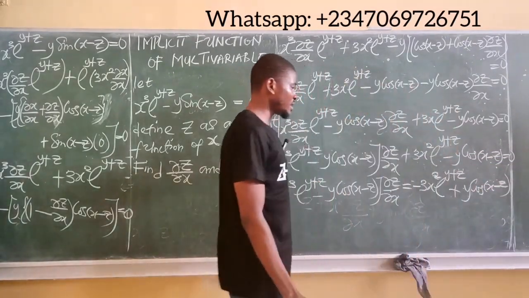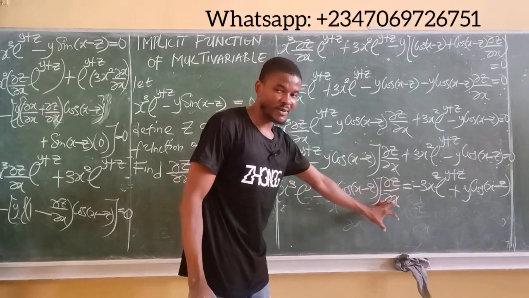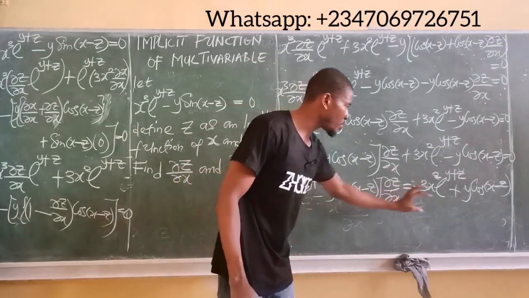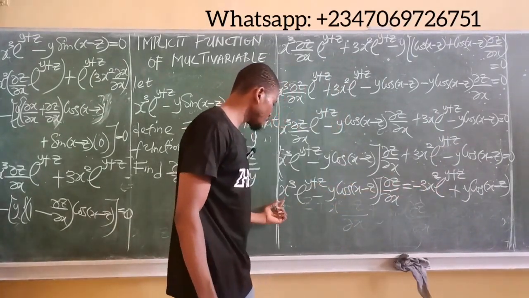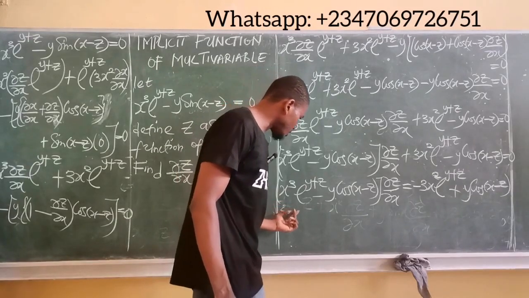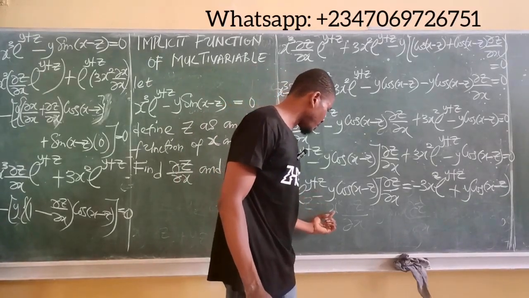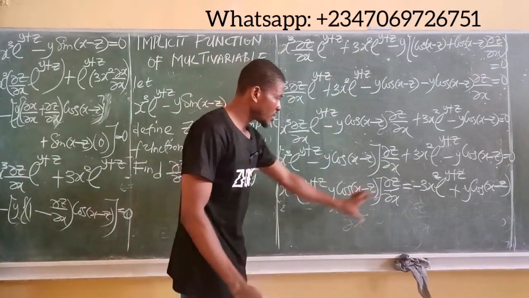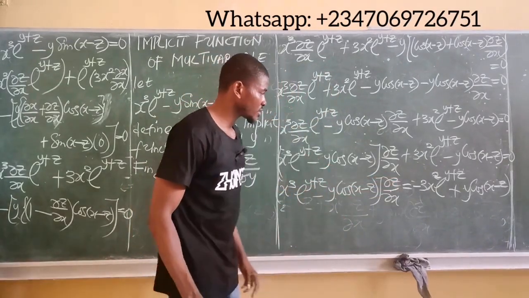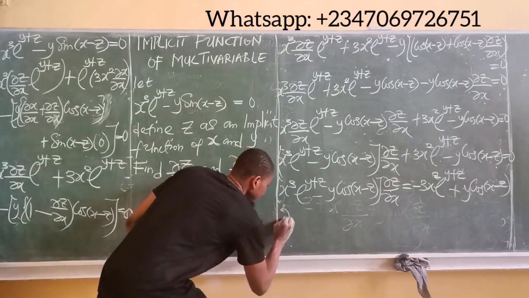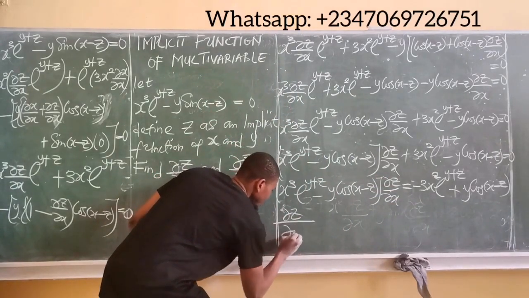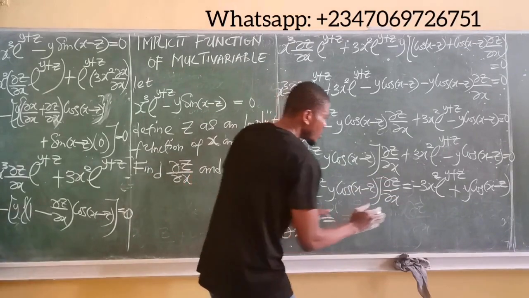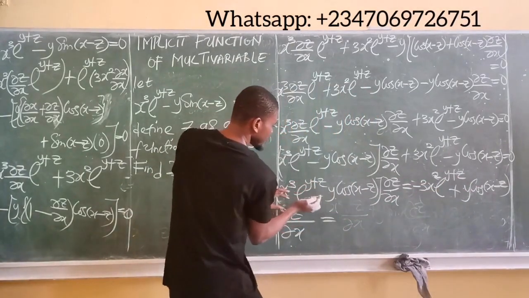So I have this. Since I'm looking for partial z, partial x, I will simply divide both sides by x cubed exponential y plus z minus y cos x minus z. So that's how to make partial z, partial x subject. Therefore, partial derivative of z with respect to x is simply the whole of this term divided by the whole of this term.